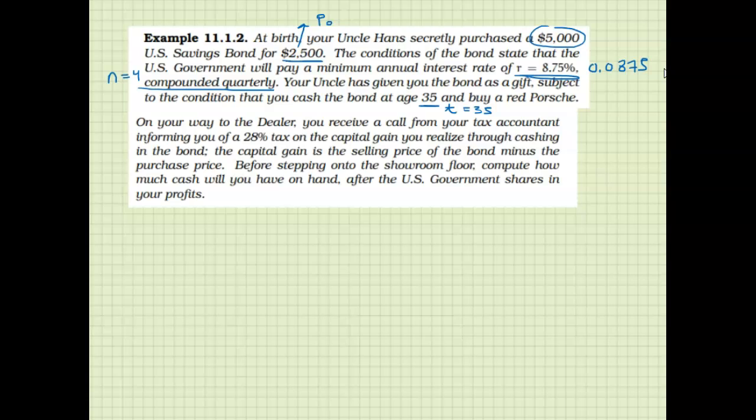All right. So according to our compound interest formula, the amount that you have is going to be the principal times 1 plus R over N, to the NT. So 2,500 is the principal, times 1 plus 0.0875 divided by 4, to the power 4 times 35.